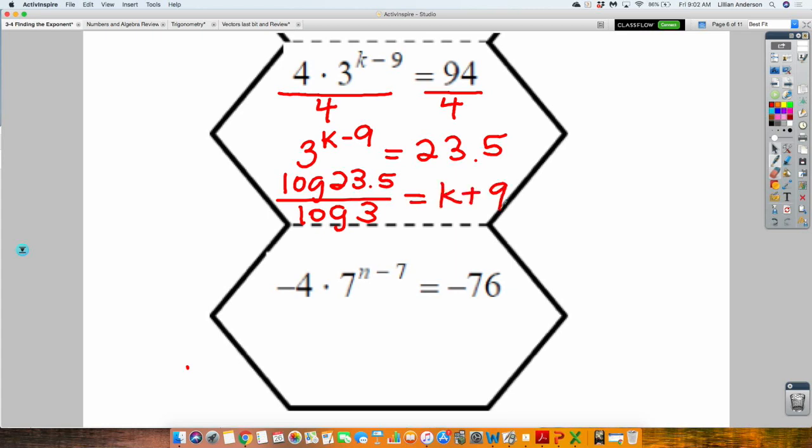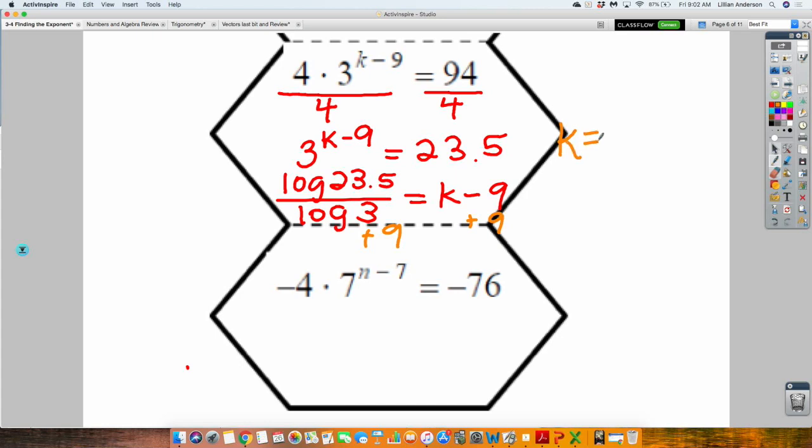So we're going to type that into our calculator, 23.5 log divided by 3 log, and then we're going to have to add 9 to both sides to get our value of k. And as we can see, that k is going to equal 11.87. But when we round to three significant figures, it's going to be 11.9.